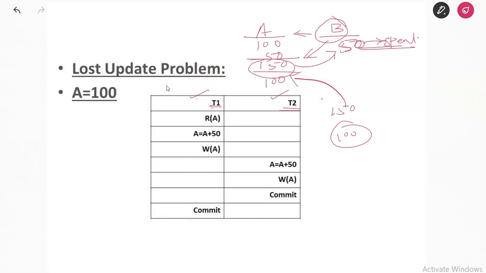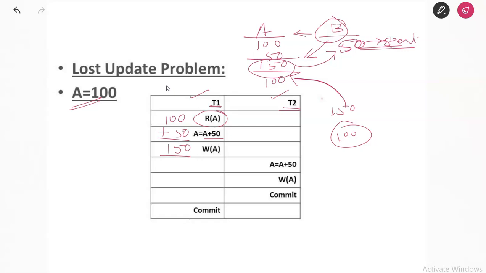There are two transactions, T1 and T2. A has initially rupees 100. Now a read operation is being performed on A. That means rupees 100 is read by transaction T1, and then rupees 50 is added to this and a write operation is performed, which means you are saving this temporarily in your account.